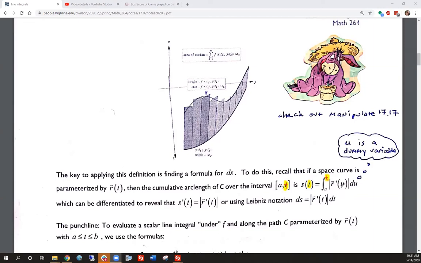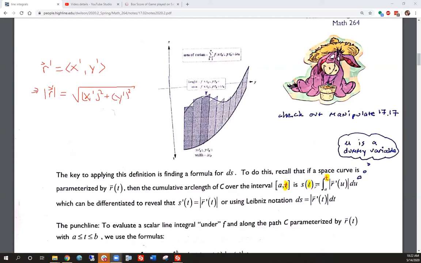Remind me how you find the magnitude of r prime. Like r prime would be x prime, y prime, and so its magnitude would be the root of x prime squared plus y prime squared. It should look familiar because that was roughly the formula that Enrique gave us a few minutes ago.